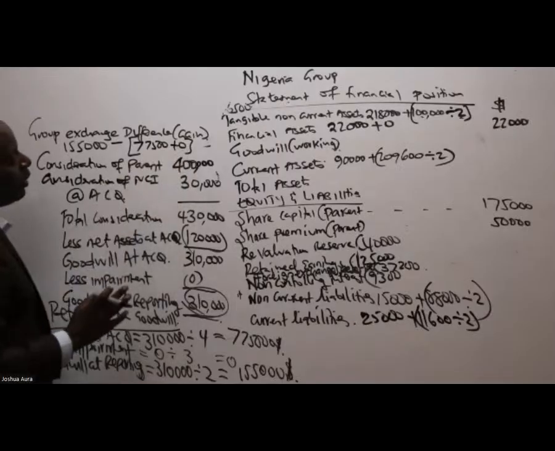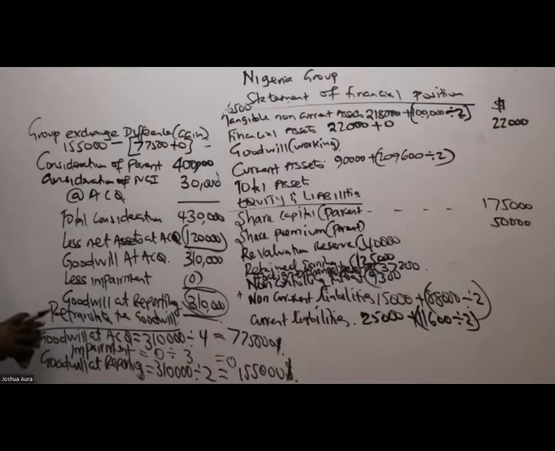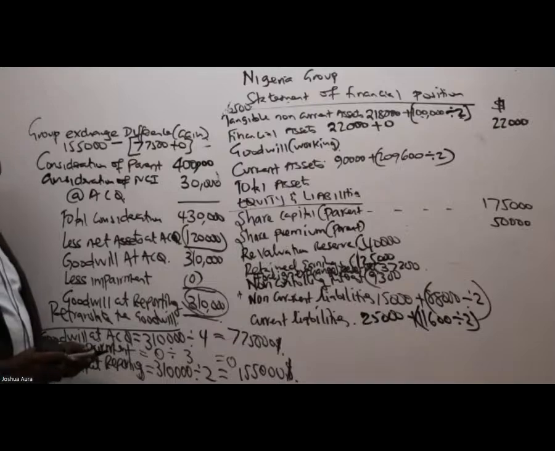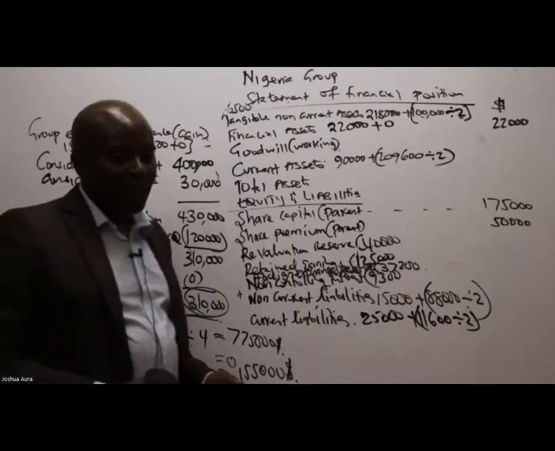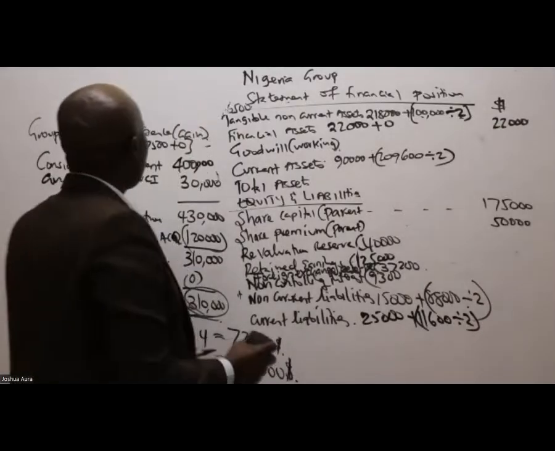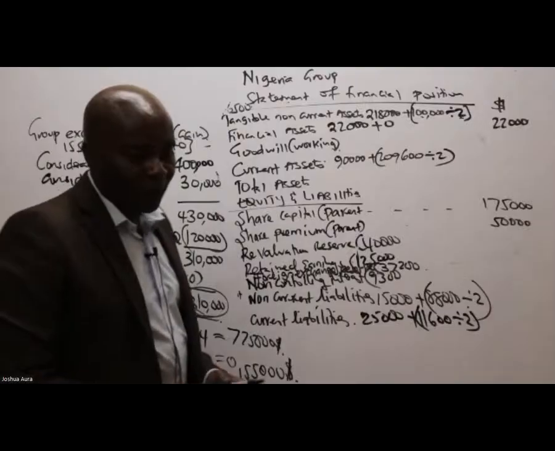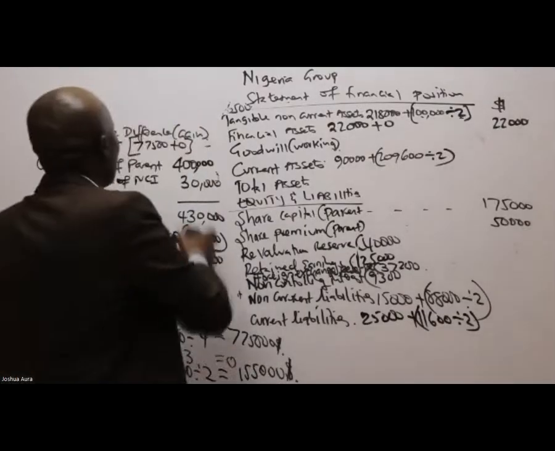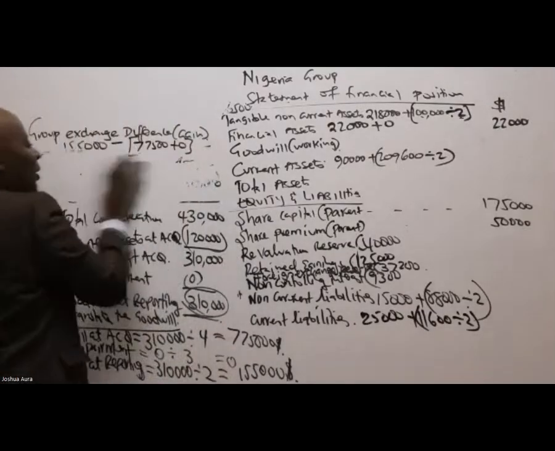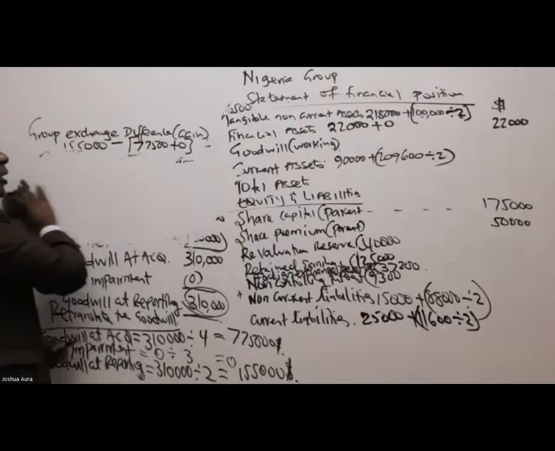So how much do we have there as our group exchange difference? What amount do we have there? Yeah, 72,500.